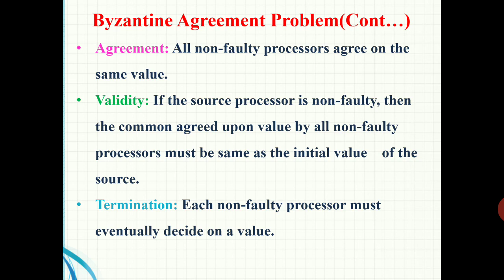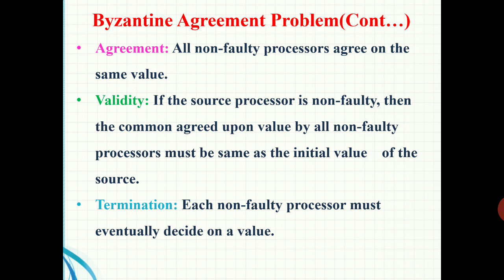In the case of the Byzantine agreement problem or protocol, if the source is faulty, then all the non-faulty processors can agree on any common value. We select one of the processors as the source node, and it starts to broadcast. That can also be a faulty node.